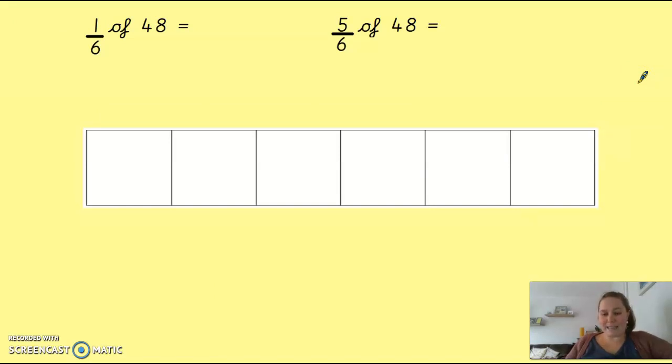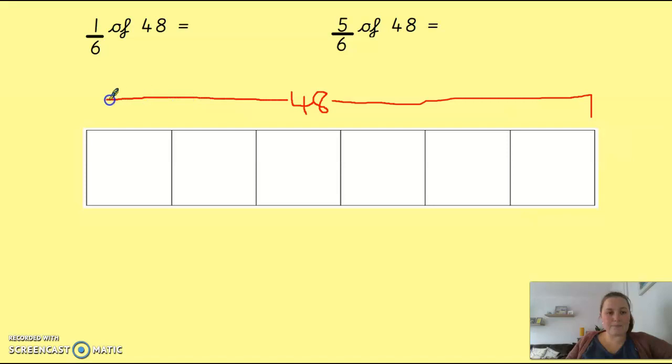1/6 of 48. So if we imagine that this is 48, we're using this bar model style to represent it. So the whole is 48. And if we want 1/6, we need to split it into 6 pieces. So how do I split 48 into 6? I divide it. Okay, so 48 divided by 6.